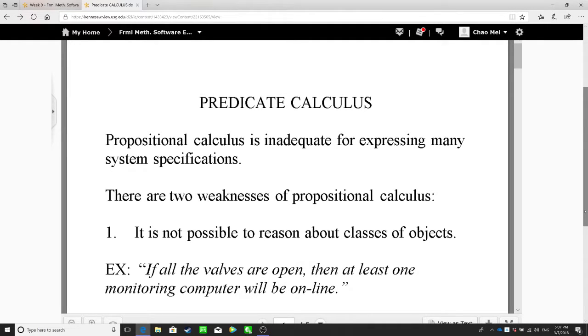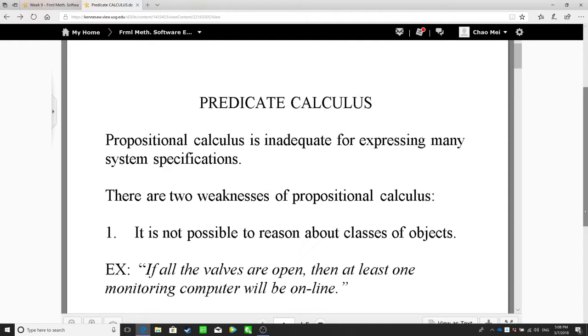A predicate is something where you can use those operators to compare variables and integers, the combination of variables and integers. Like if the temperature is greater than 30, or temperature greater or equal to 30.